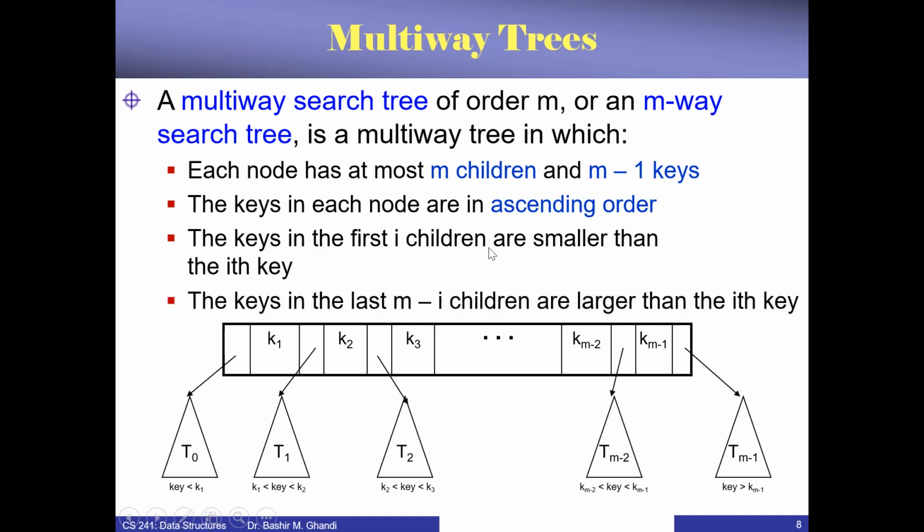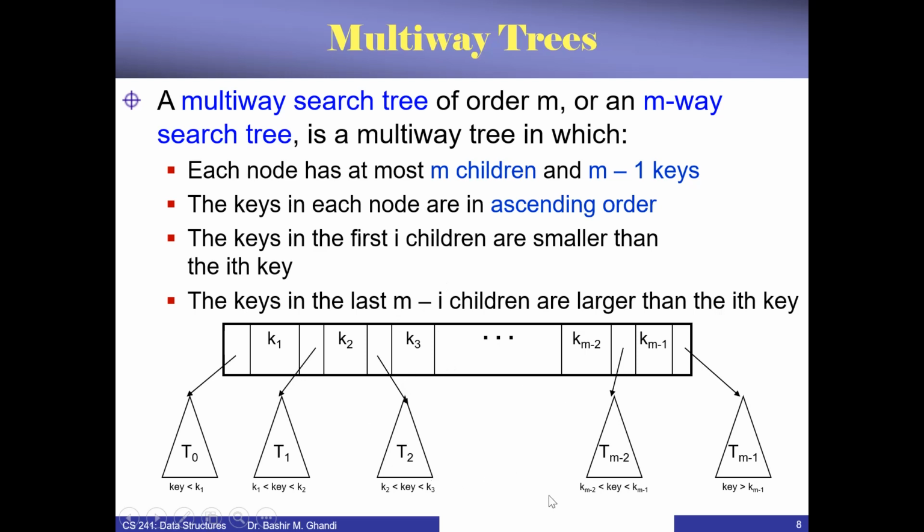And the keys in the last M-I children are larger than the I's key. So basically the children on the right side, there are going to be M-2 of them. So M-I.